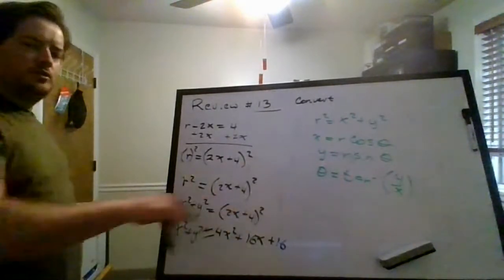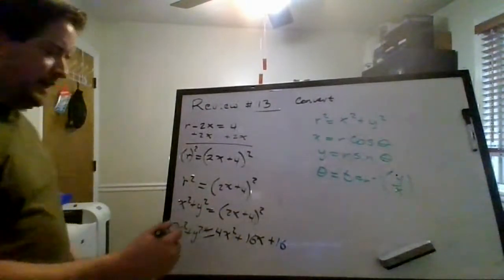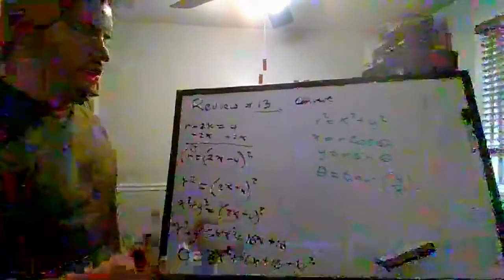And then if you subtract everything off to the left-hand side, you get what's in the answer solution for the review answer key. And that is 0 equals 3x squared plus 16x plus 16, and then minus this y squared. Again, the way that these tests are going to be built, there's going to be a lot of multiple choice.